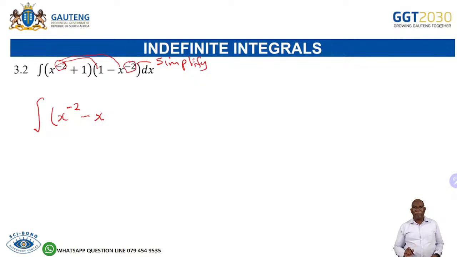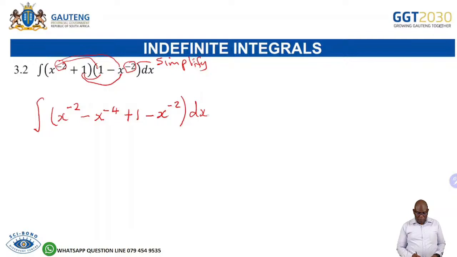Remember, we are multiplying same bases. We add the exponents. So it's minus 2 must give us negative 4. Then 1 times 1 is plus 1. Then 1 times this will give me a negative x to the power minus 2. And we have a dx.